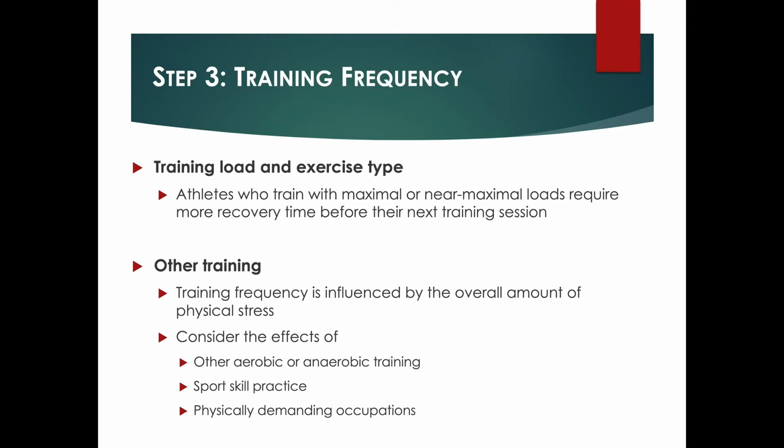You also need to consider the effects of other aerobic and anaerobic training, sports skill practice, and demanding occupations. So this is why you cut back on training through the in season because, for football, for instance, athletes are spending 2 to 3 hours practicing every day. And Nick Saban, Coach Saban for Alabama, is famous for making his athletes run way more than they need to.